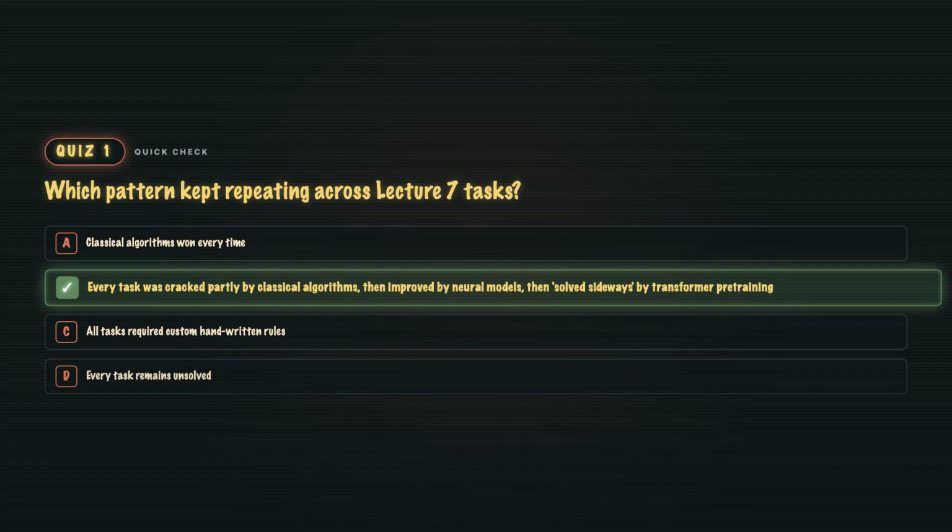B. This was the through line. POS, NER, WSD, Coref all followed the same arc. Rules, statistical, neural, transformer. WSD, Coref, and MWE handling especially got solved sideways as side effects of language modeling pre-training rather than dedicated task engineering.